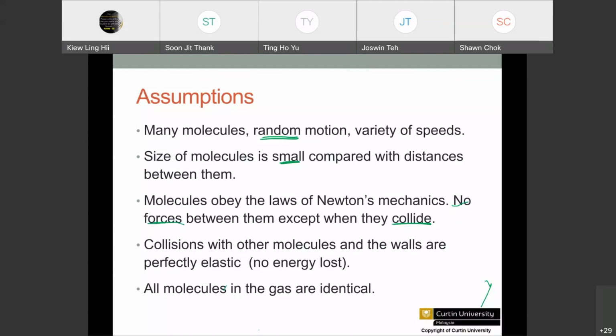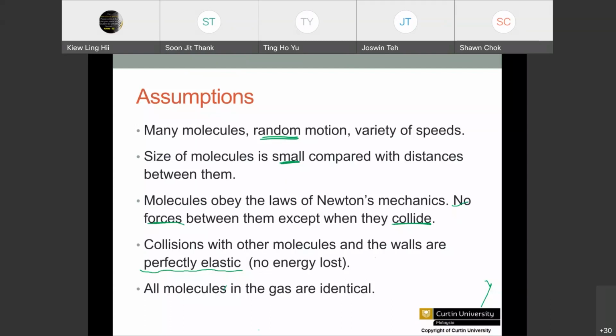The fourth one, we talk about collision. When they collide, their collision is called a perfectly elastic collision. So remember what is a perfectly elastic collision? When they meet, they do not stick together, but they move separately.